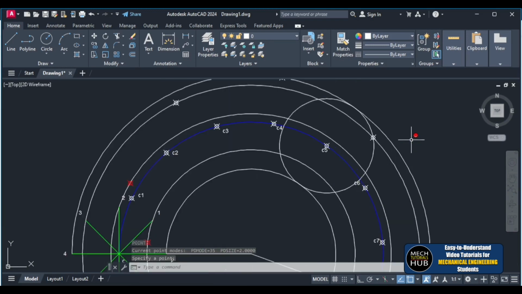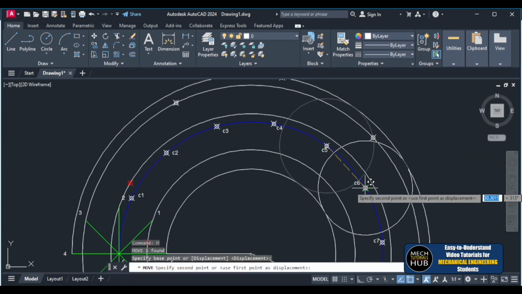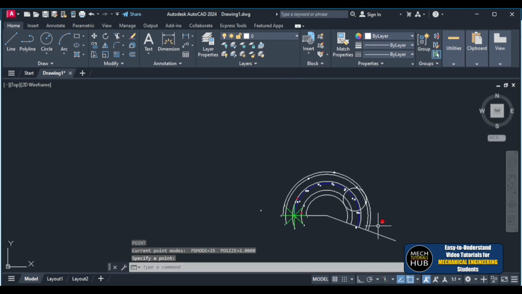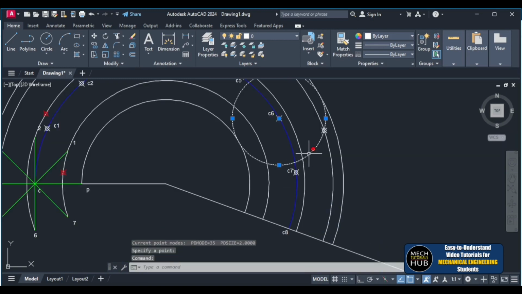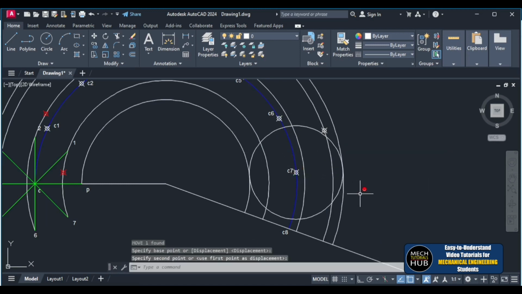Similarly, when the circle changes its position, circle center changes its position from C5 to C6. PO, intersection of circle and the curve, here is the point. Next, when the circle moves from C6 to C7, the intersection of circle and the curve C7 is this one.